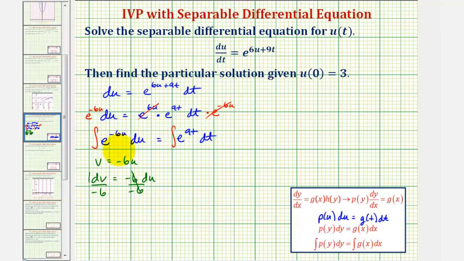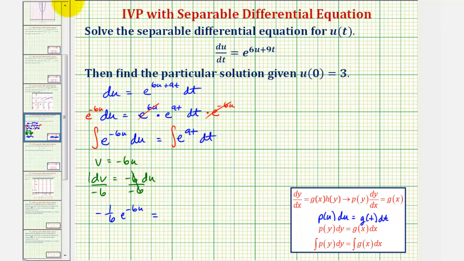So on the left side, the antiderivative of e to the negative 6u with respect to u would be negative 1/6 e to the negative 6u plus c, but we'll also have a plus c on the right, so we'll only put plus c on the right.